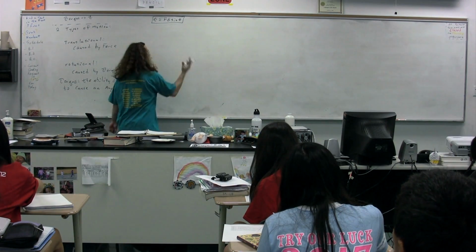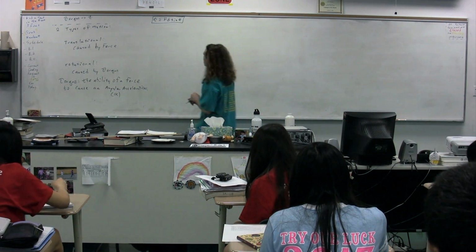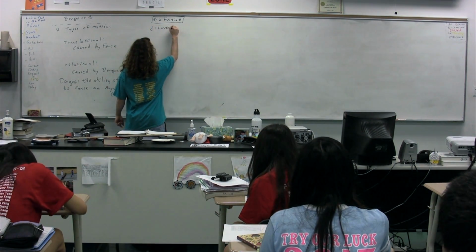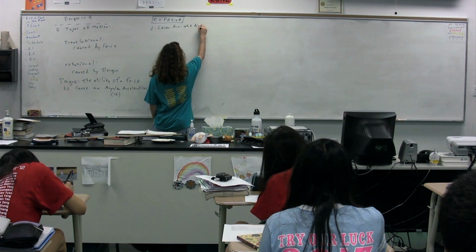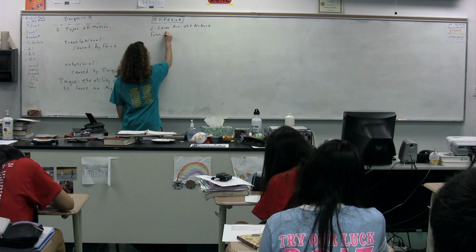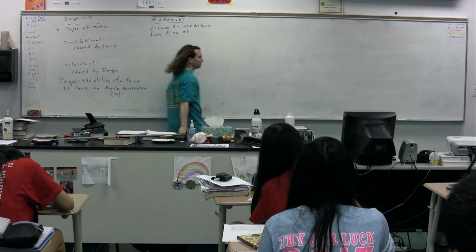F is clearly the force that is causing the torque. D is called the lever arm. The lever arm is the distance from the force to the axis of rotation.